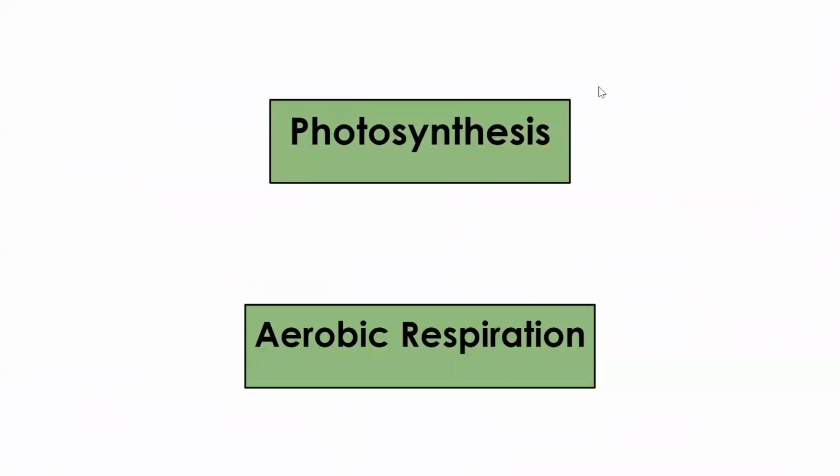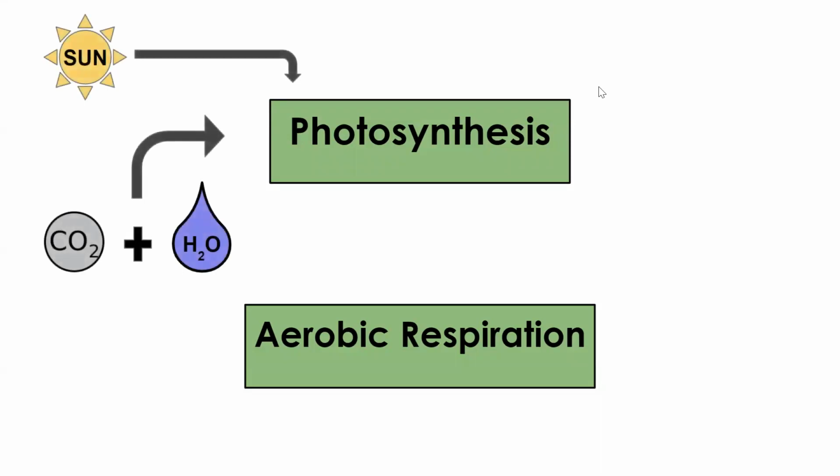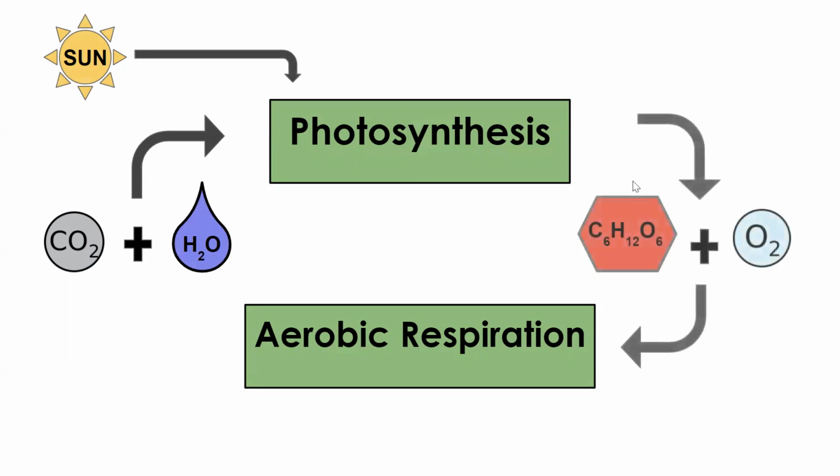So let's look at these two processes. Photosynthesis requires the reactants, its ingredients, it needs carbon dioxide, water, and sunlight in order to make glucose and oxygen.